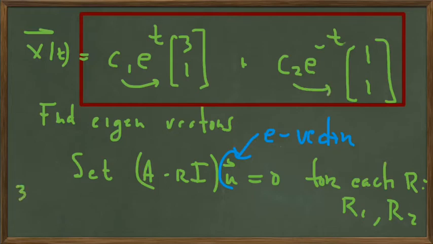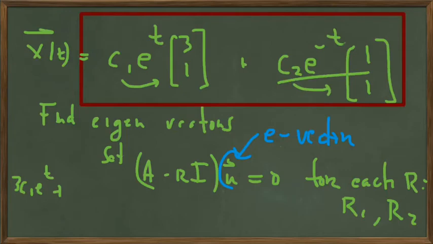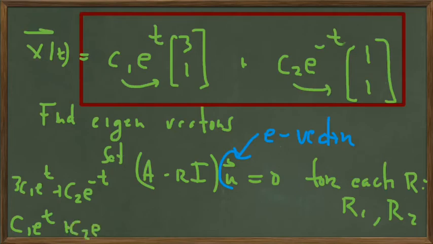We get 3c1 e to the t, but add to that c2 from over here, c2 e to the minus t, that's in the top position in our vector solution, and then in the bottom position it's c1 e to the t times 1, so c1 e to the t plus c2 e to the t in that position, so plus c2 e to the t.